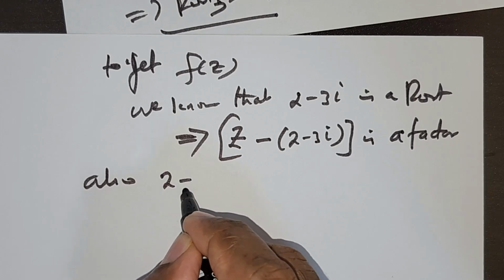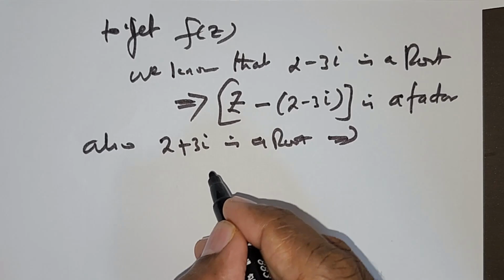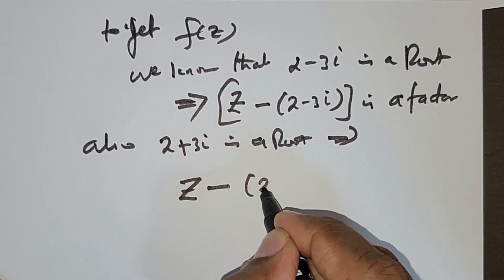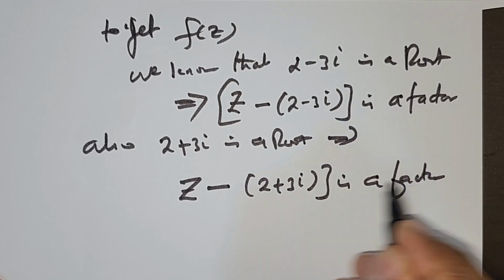Also 2 plus 3i is a root, so z minus (2 plus 3i) is a factor.